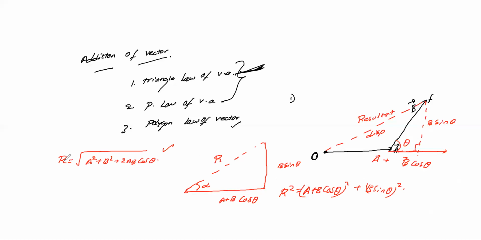When you do the squares, R is equal to the square root of A squared plus B squared plus 2AB cos theta. Similarly, to find alpha, we take tan alpha, which is opposite by adjacent: tan alpha equals B sin theta by A plus B cos theta.